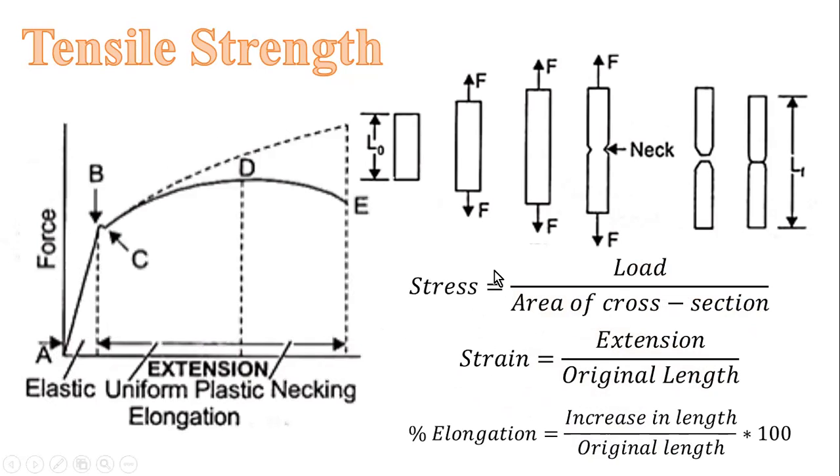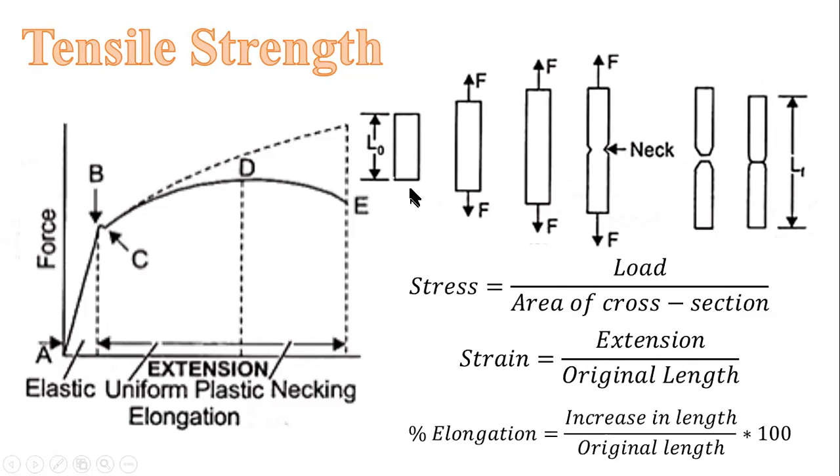The stress is calculated as the load or force that you are applying to this specimen, divided by the area of the cross section, and the strain is equal to the extension, that is how much it was extended, divided by the original length.